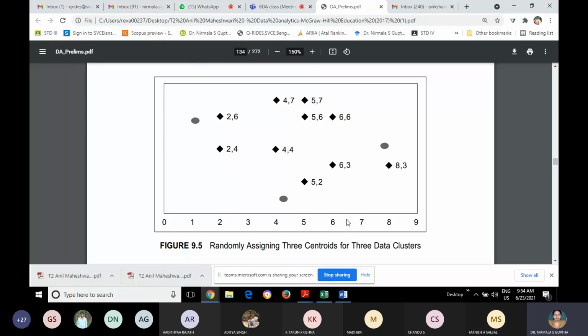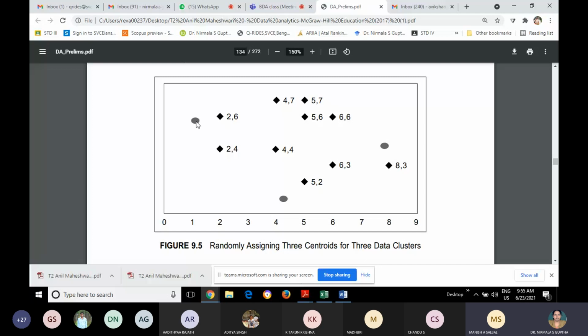We are supposed to find the difference among the data points which are nearing that particular centroid. Now, with the mouse pointer, you are able to see the first centroid, which is between 1 and 2 somewhere in the plot. Yes, ma'am. Okay, which is nearing 2,6, actually speaking, correct?